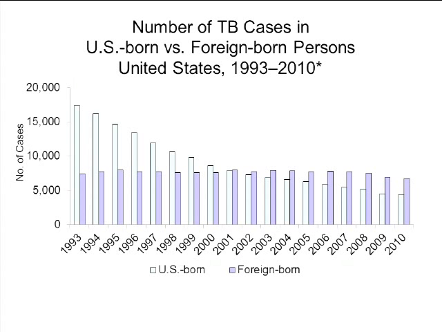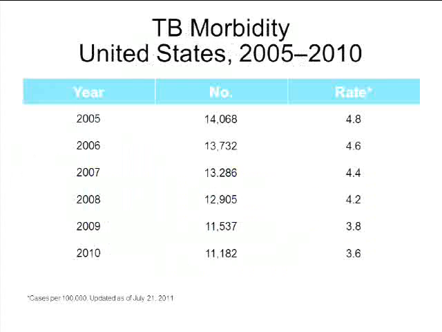Protease inhibitors came about somewhere in the mid-90s, so you see that incidence has steadily been decreasing. The foreign-born incidence has been pretty steady. So now the majority, in 2010, which is the latest data I could find, of cases are foreign-born cases.